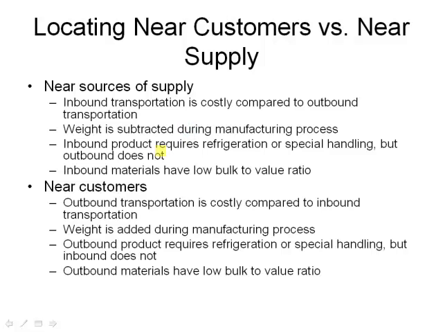Or it may be the case that the inbound product requires more refrigeration or more special handling than the outbound product. It may also be the case that the inbound materials are fairly bulky relative to their value. For example, if we're taking something like logs, logs are not rectilinear.